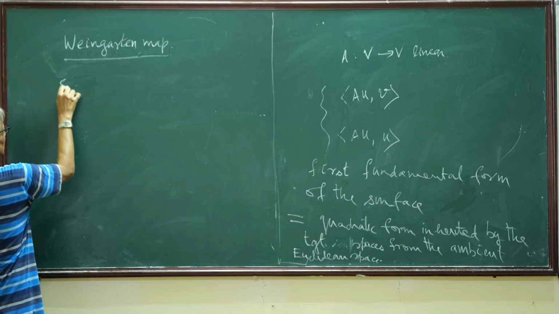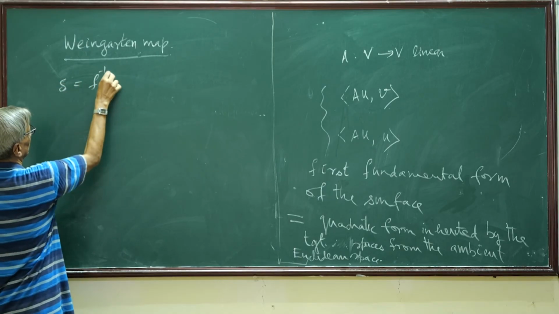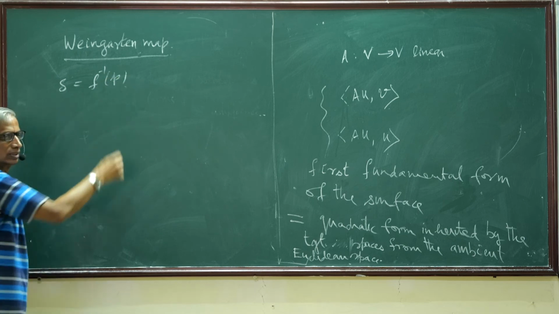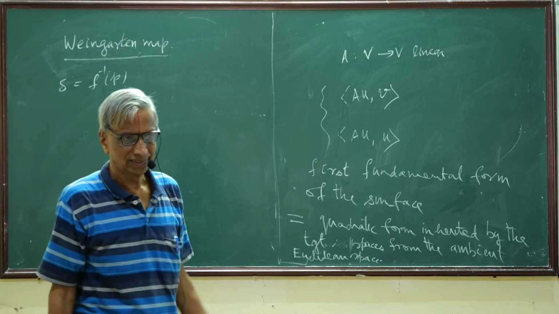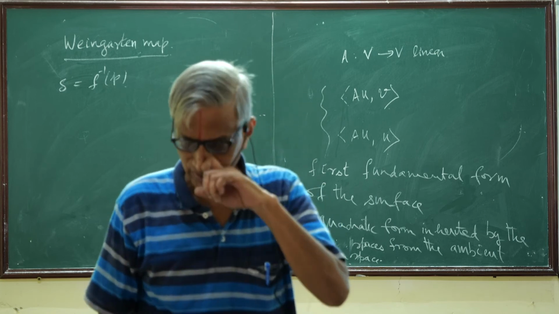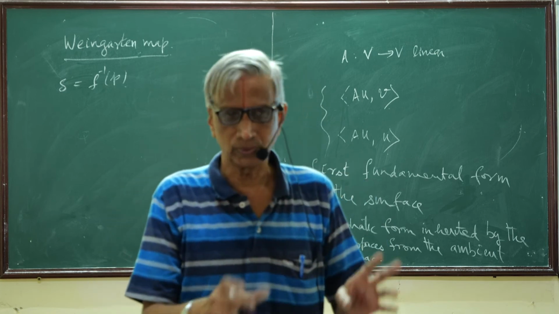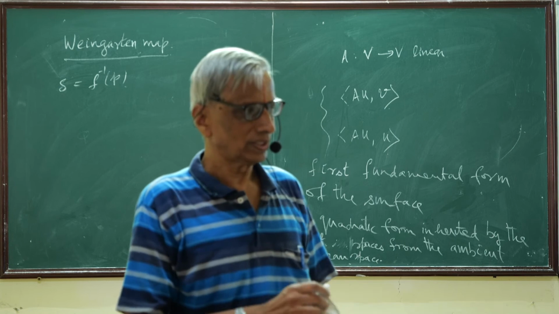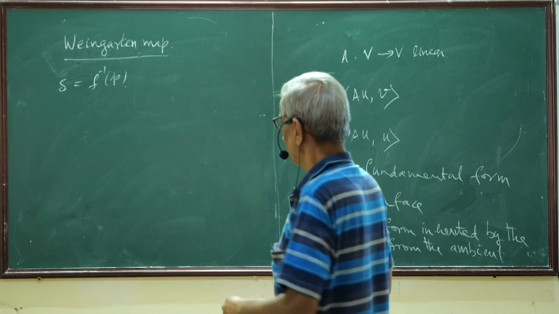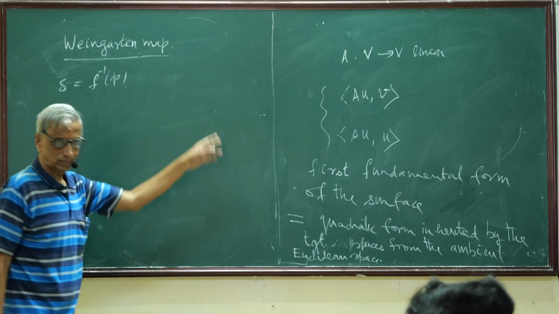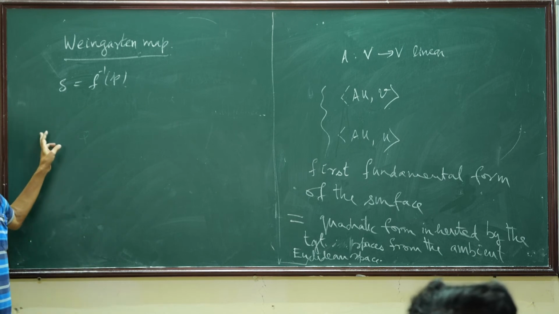So take a surface, okay, with all the usual attachments, right? F is a function from U to R, and so on and so forth, smooth, with non-zero gradient, all those things.